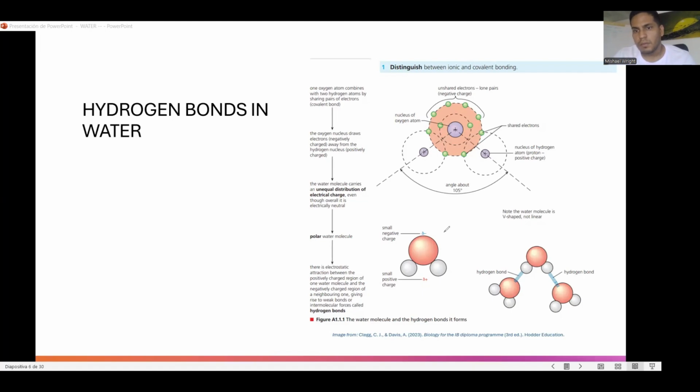Okay, so when this happens, when you form the water molecule, right? It has the negative region here and the positive regions here. We're going to form something that is called an interaction that is called a hydrogen bond, right?